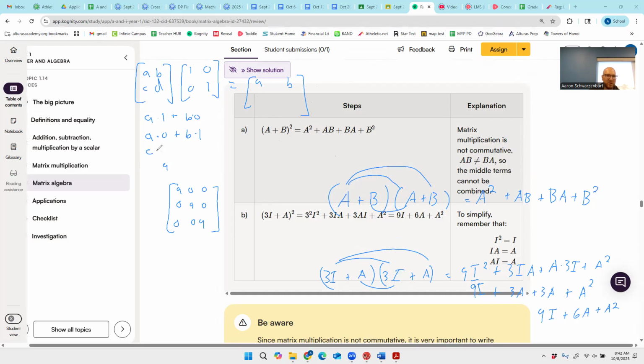Row 2, column 1: C times 1 plus D times 0. Row 2 times column 2: C times 0 plus D times 1.